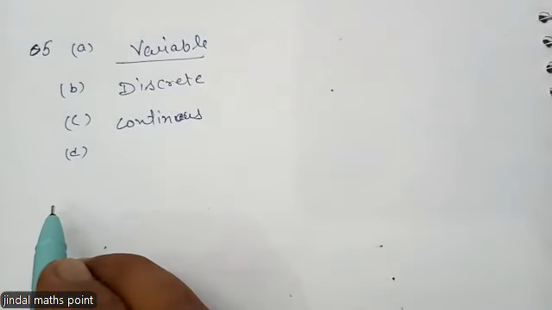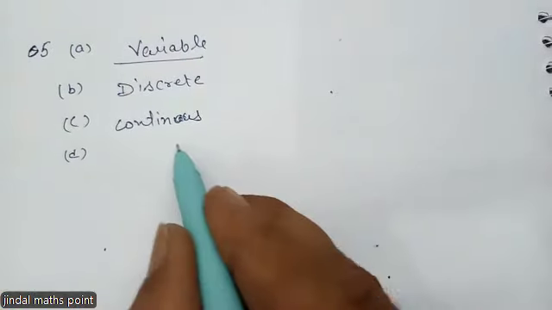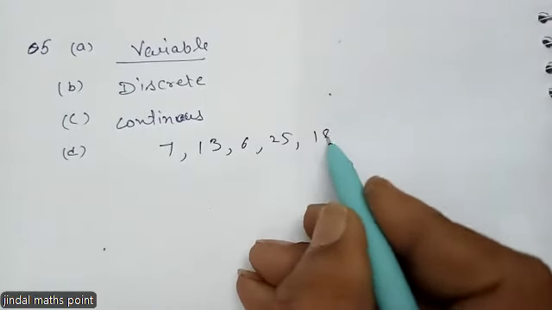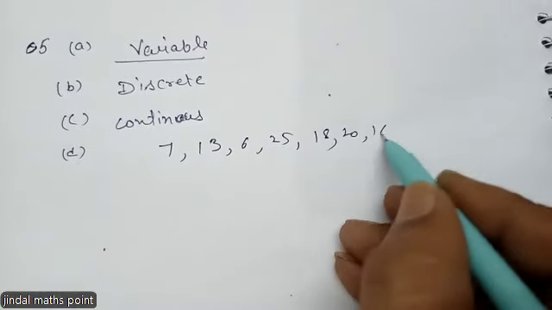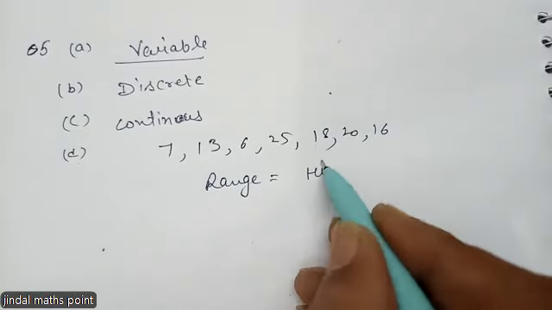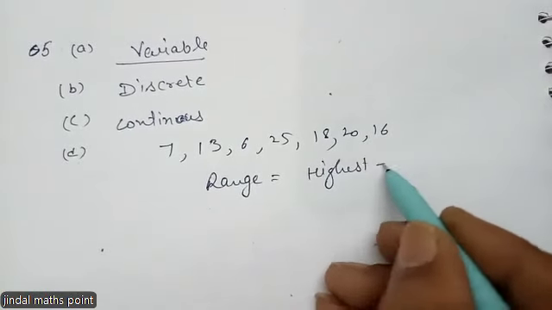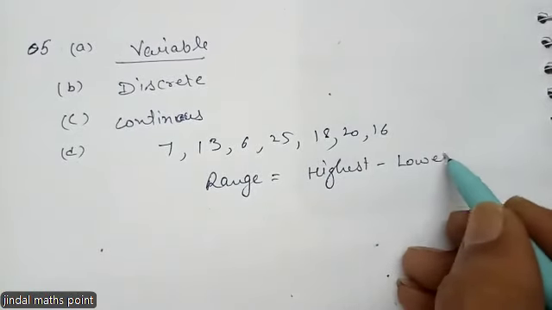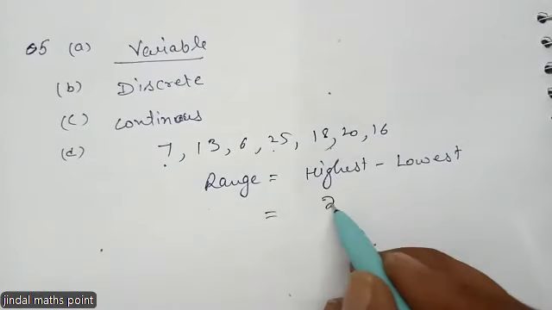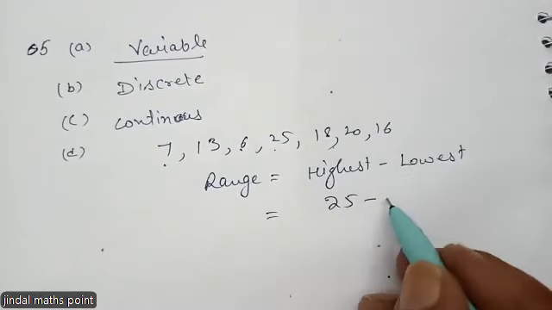D part, the range of data. Data is given: 7, 13, 6, 25, 18, 20, and 60. Range is highest value minus lowest value. Highest value here is 25 and the lowest value is 6.